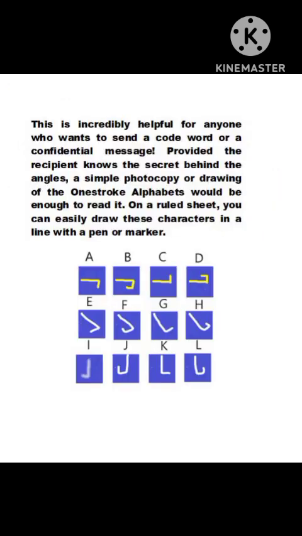This is incredibly helpful for anyone who wants to send a code word or a confidential message. Provided the recipient knows the secret behind the angles, a simple photocopy or drawing of the One-stroke alphabets would be enough to read it. On a ruled sheet, you can easily draw these characters in a line with a pen or marker.